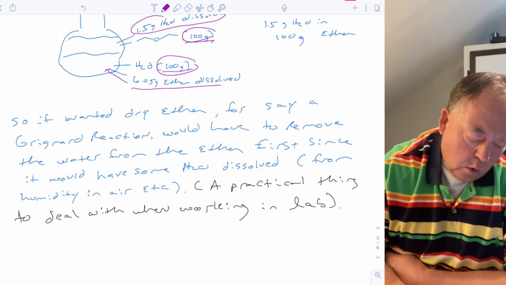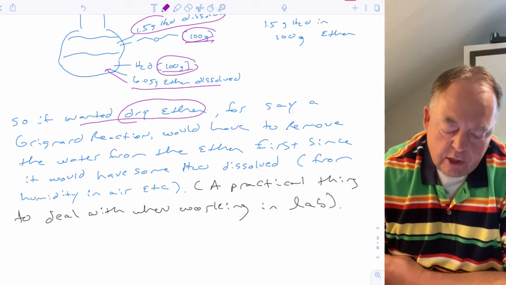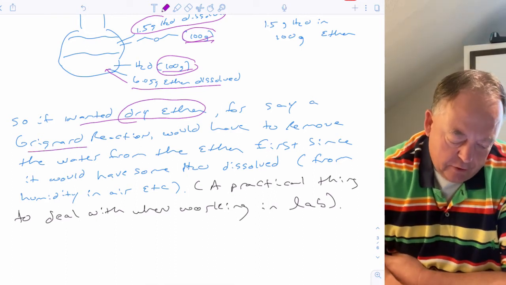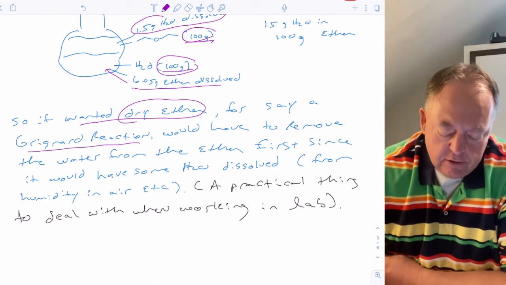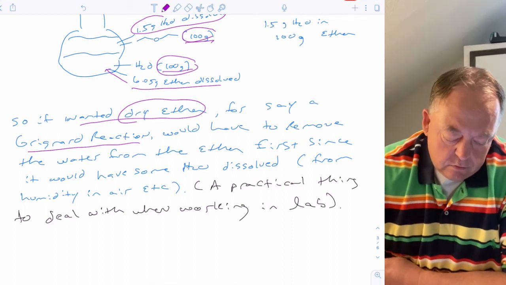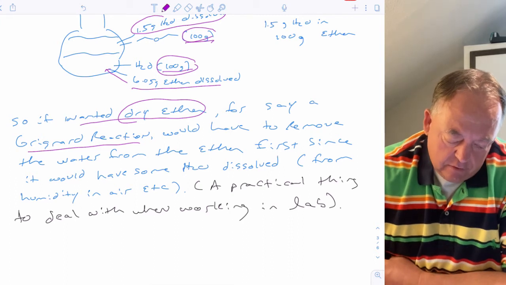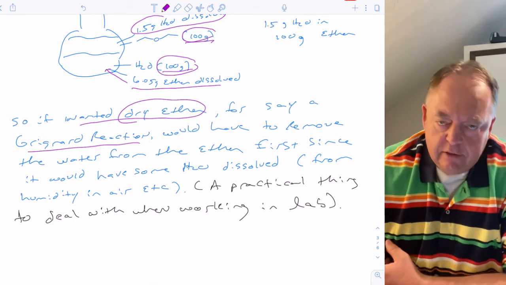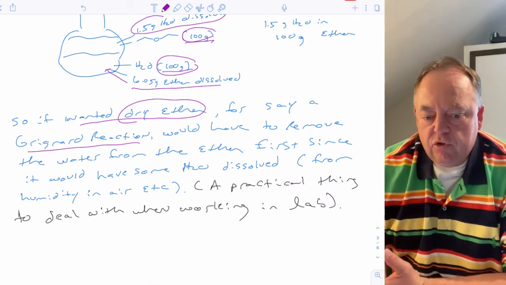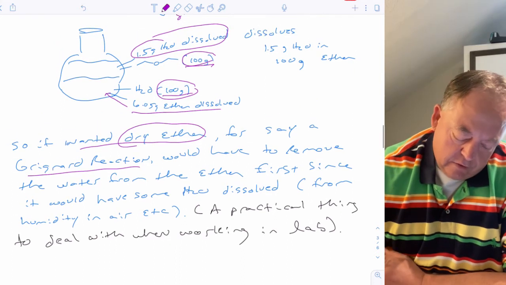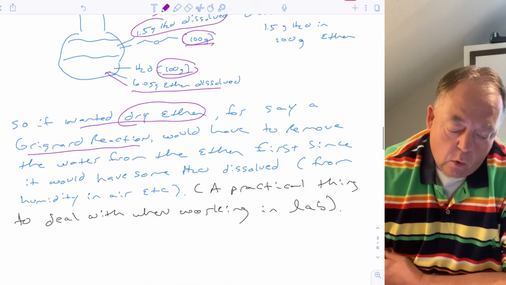So if you want a dry ether, where would you want dry ether? We've talked about how ethers are used as solvents in Grignard reactions. That was back in chapter 10 of Organic 1. So if you wanted to make a Grignard reagent, typically the solvent is ether, and the ether has to be dry. So ether would commonly have some water in it.